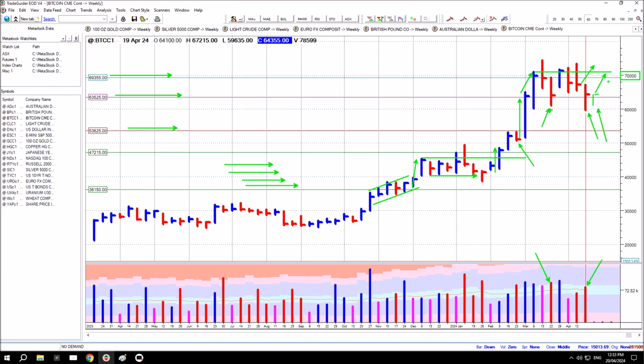Probably won't break out immediately, possible, but more likely test for supply early. If selling pressure is found to be low, if volume is found to be low as price pulls back, then that will allow the market to push back up again in response. It may just float higher, or it may actually accelerate higher and probably up towards the highs of the range around the 70,000 level.